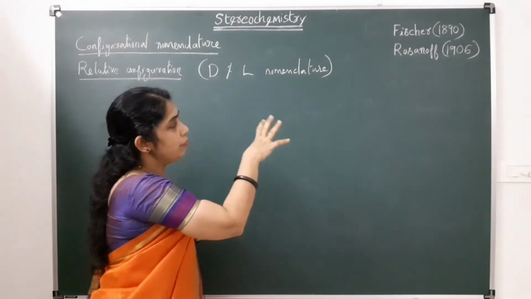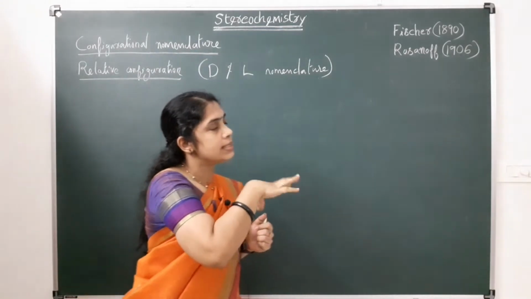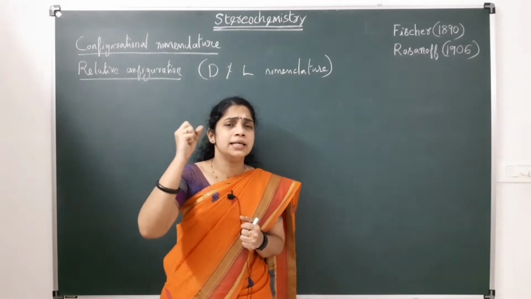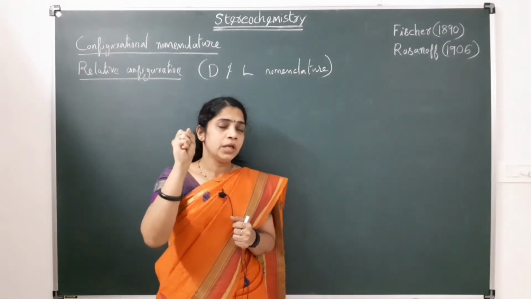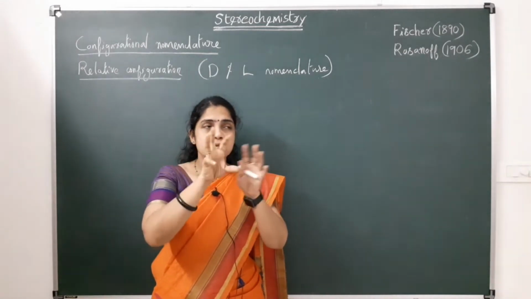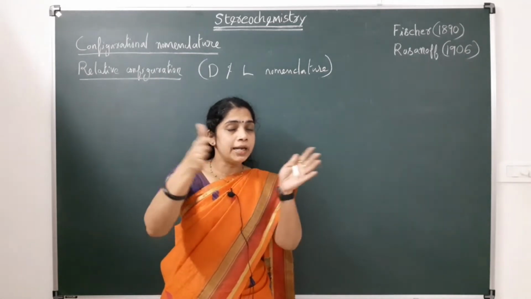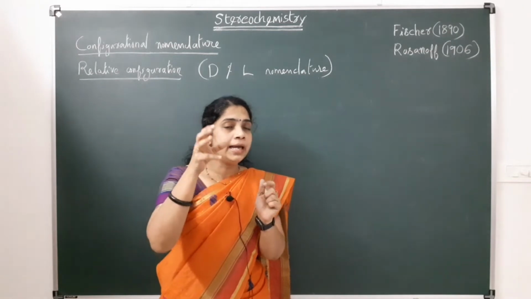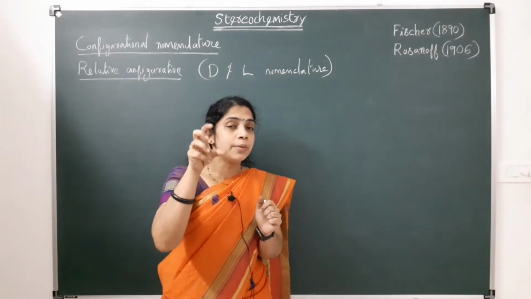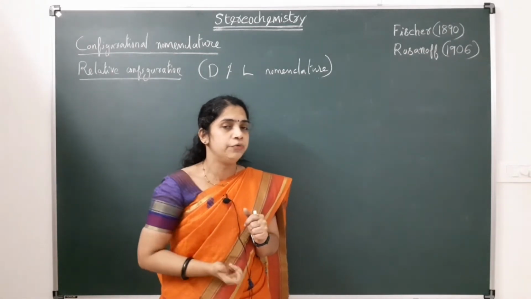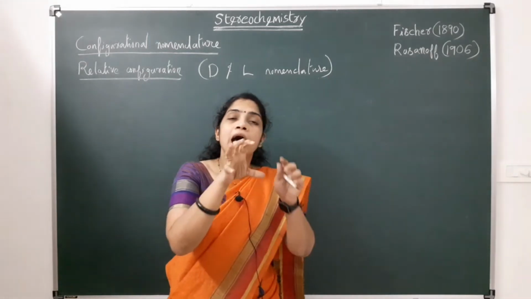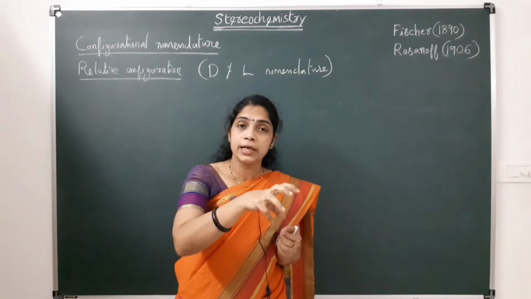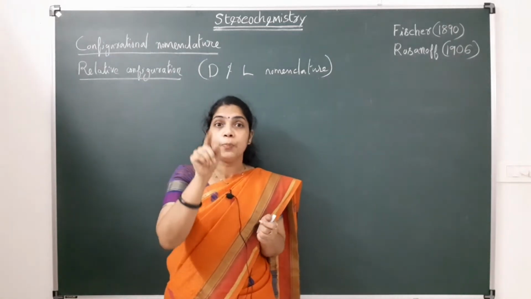Okay, so during his synthesis, Emil Fischer's thinking was that if there was some notation or configuration to identify these sugar molecules, if there was some relationship we could identify, and if we could give some notations, it would be better to identify their structures. So he arbitrarily took the glucose molecule, that is, plus glucose.